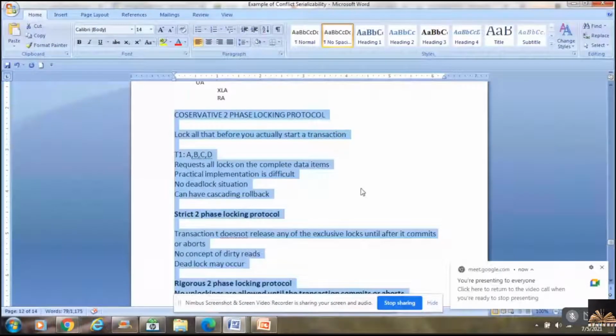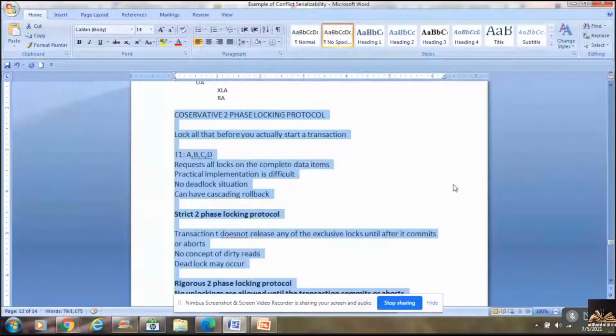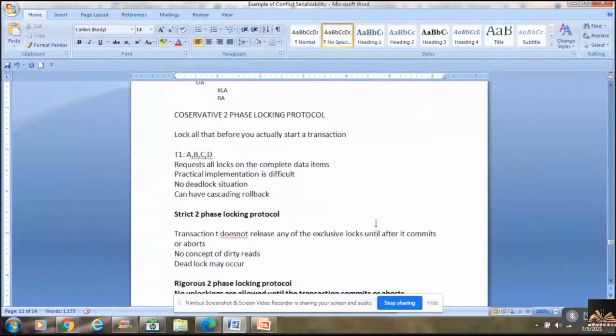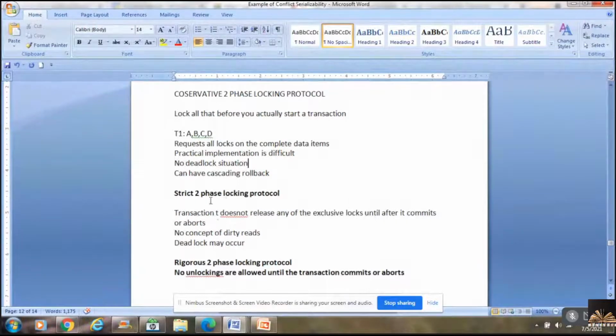Now going with strict two-phase locking protocol, it would be the same example of your simple two-phase locking protocol with some minor modifications. In strict two-phase locking protocol, a transaction does not release any of the exclusive locks until it commits or aborts.